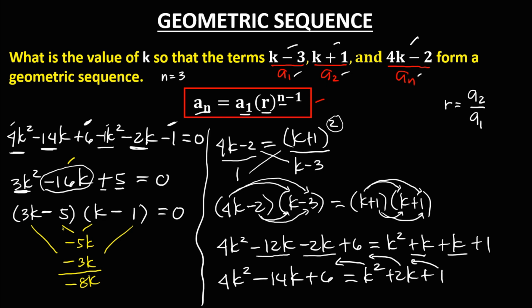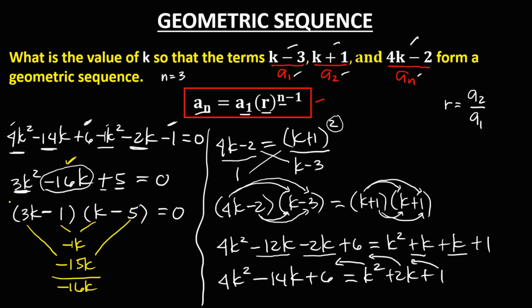So we need to change the placement of 5 and 1. So if 5 on this side and 1 on this side, then to check, we have negative 1 times k, that's negative k, and 3k times negative 5, that's negative 15k. Then to add, negative 1 and negative 15, this one is negative 16k, and this is the middle term of this quadratic equation.